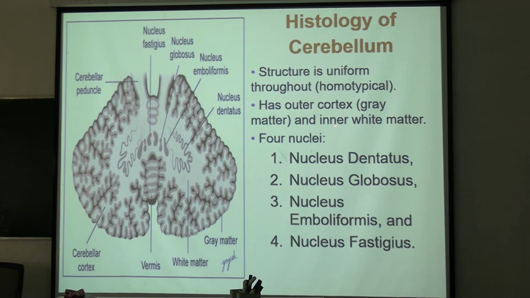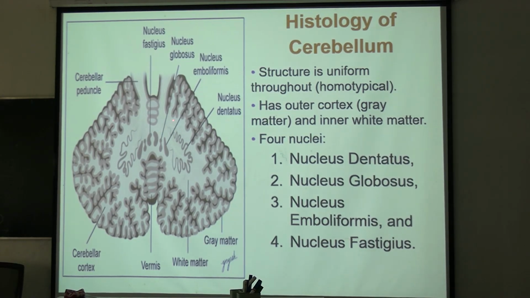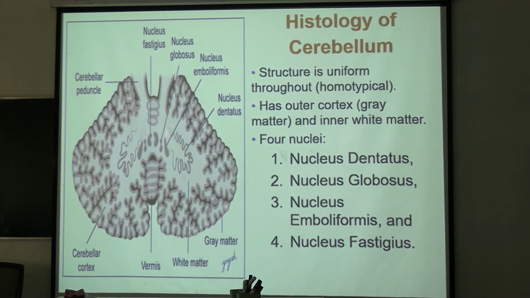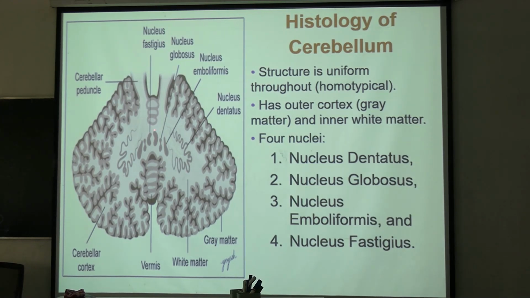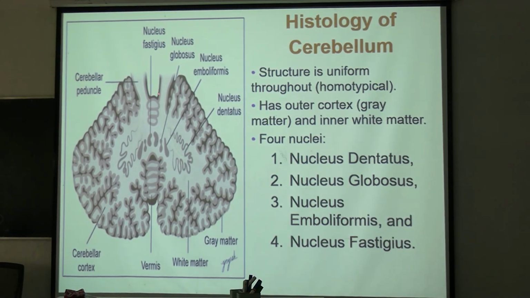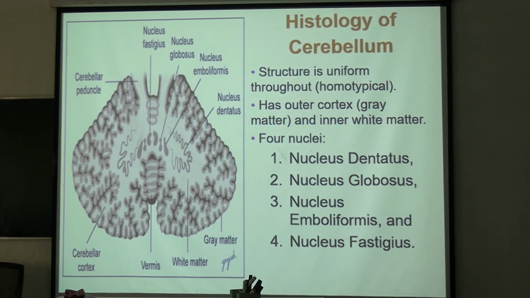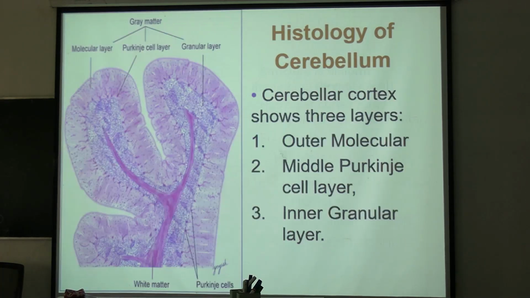Embedded within this white matter are the nucleus dentatus, globosus, emboliformis, and fastigius. So DEGF from lateral to medial: dentatus, emboliformis, globosus, and fastigius. These intracerebellar nuclei are embedded within the white matter of the cerebellum.